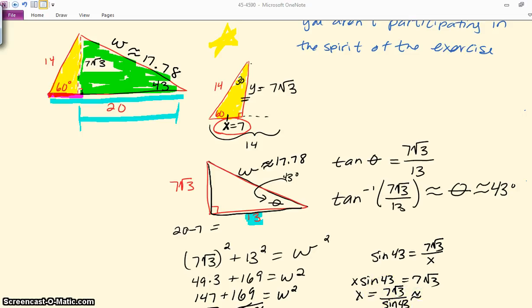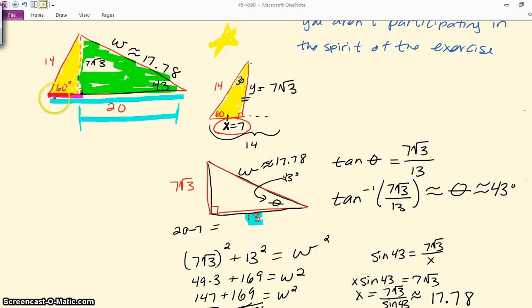And you're pushing your calculator buttons each time. This is a good opportunity to check yourself to see if you're able to use your calculator correctly. Some parentheses are involved in your numerator again, but you should be getting a value of 17.78 for the missing side.